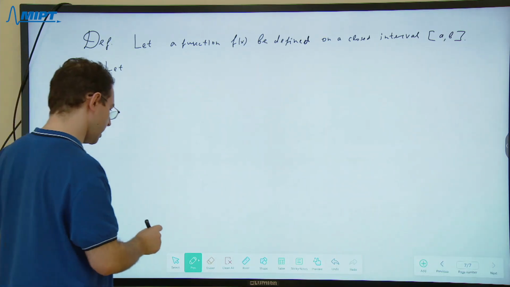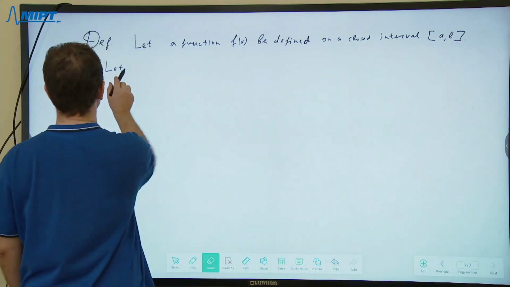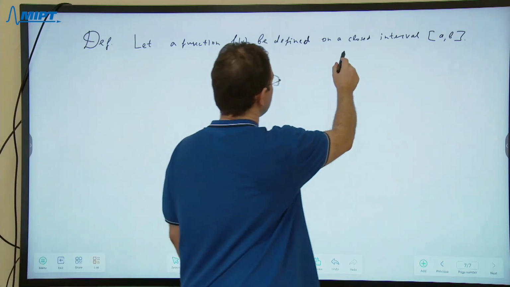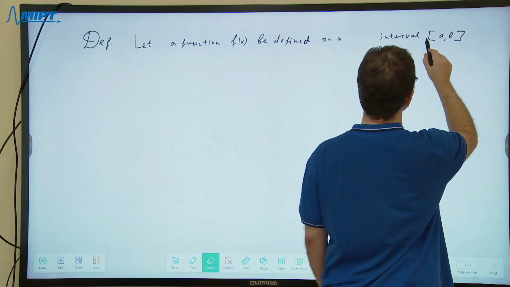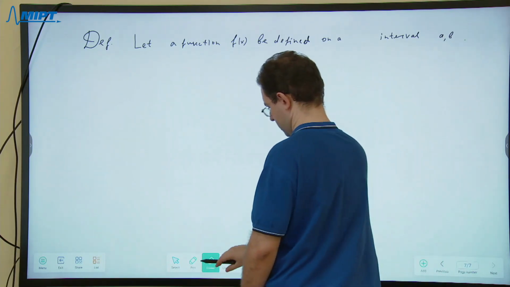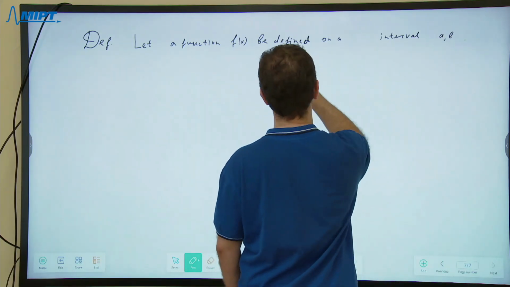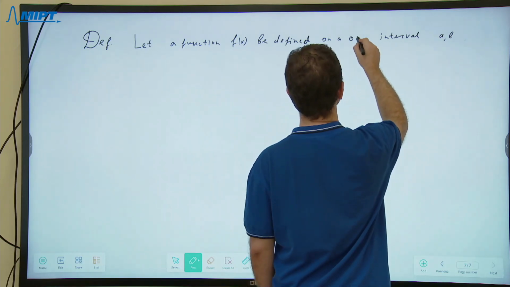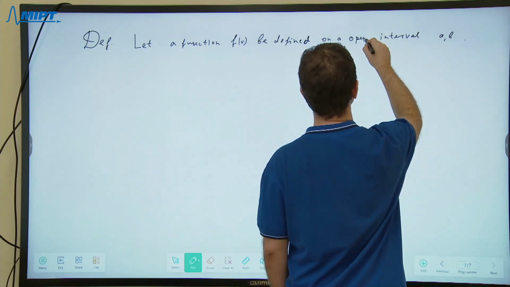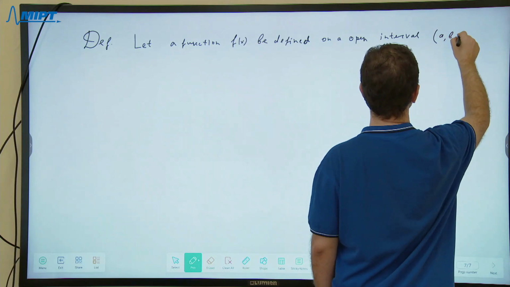Let's start with an open interval. Let's have an open interval first. Let a function be defined on an open interval AB.